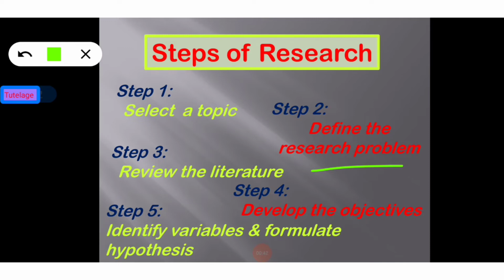So now move on to the next step, that is review the literature. This is one of the most important steps of research also. So the third step is comprehensive literature review. We have already told, literature review is a very important step of research. It involves analysis of books, journals, articles, documentaries, etc., which is related to the topic of research.